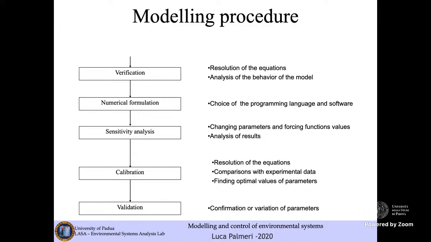Validation is verifying that our model applies as well to systems that are different from the system I have employed to calibrate the model. By starting from analyzing one system, for example, a shallow water ecosystem, I pose the problem, I conceptualize, I formulate my model numerically, I do sensitivity analysis, I calibrate my model on the system, then I have a research tool that describes a shallow water ecosystem, a shallow lake.